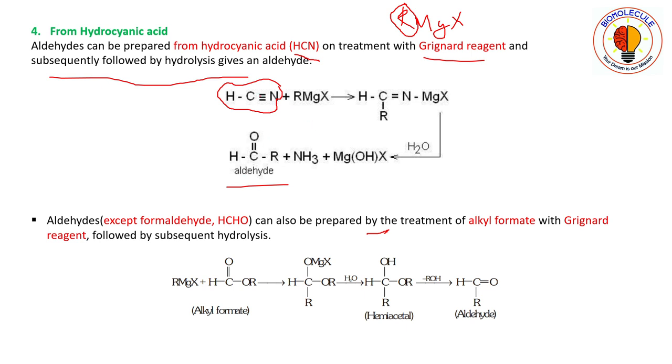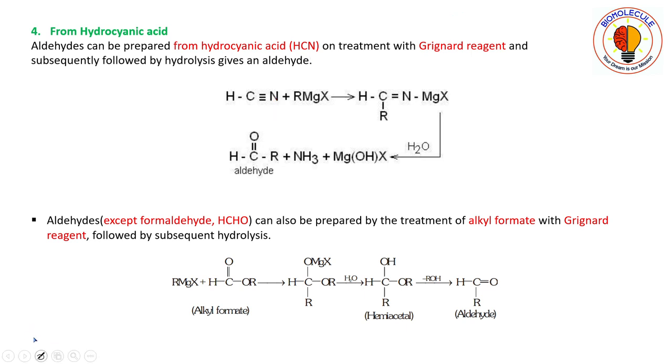So here you can see that in RMgX, magnesium is electropositive and has a valency of 2 plus. The halide is negative. To balance the charge, the alkyl group must bear a negative charge. Magnesium has two positive charges; one is compensated by the halide group and the other by the alkyl group, so the charge of this Grignard reagent is balanced.